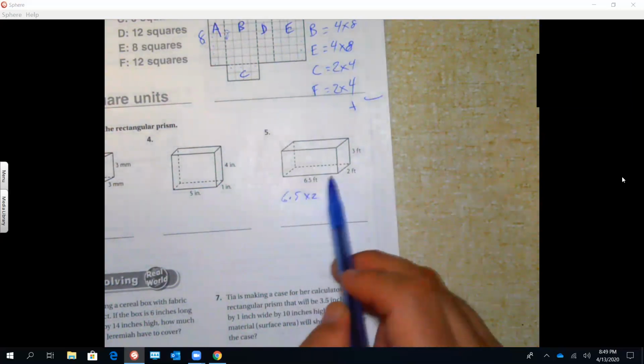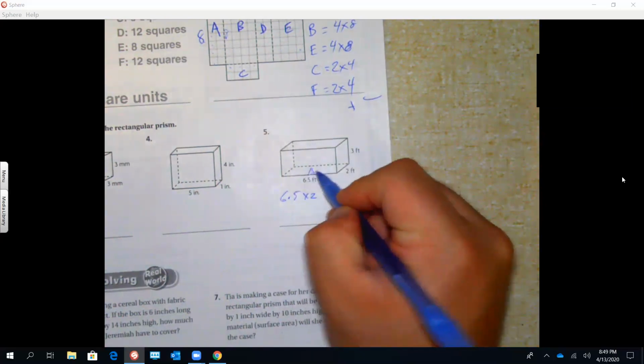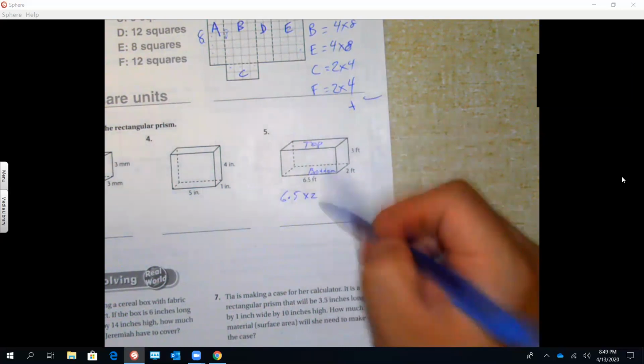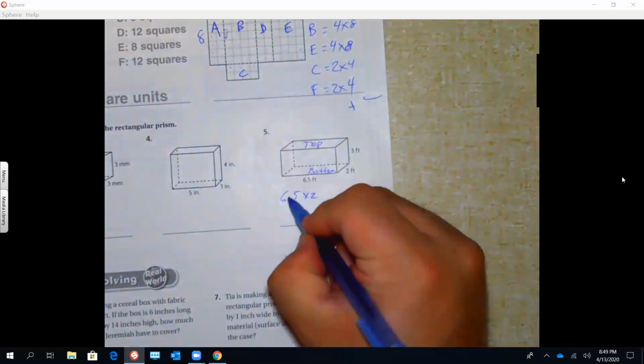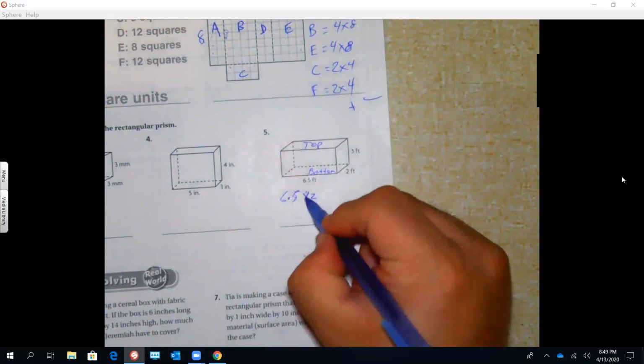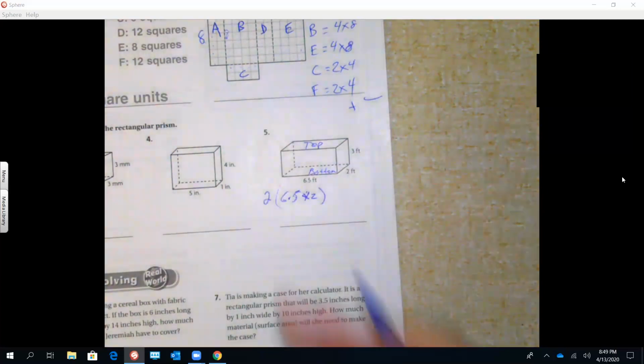This is a 6.5 by 2. So this part is the bottom, this is the top. But they're parallel, so they're the same. So you can do 6.5 by 2 times 2. So there's 2 of them.